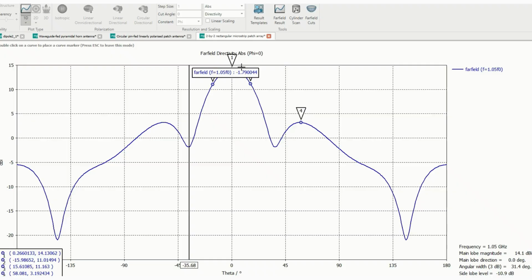Every other lobe except this major lobe is known as a side lobe or minor lobe. The lobe which is near the major lobe and within -90 to +90 degrees, in the same direction as the major lobe, is known as the side lobe. The first minor lobe in the same direction as the main lobe is the side lobe. The lobe opposite to the major lobe, so if we have a major lobe at 0 degrees, the lobe at 180 degrees, corresponds to the back lobe.